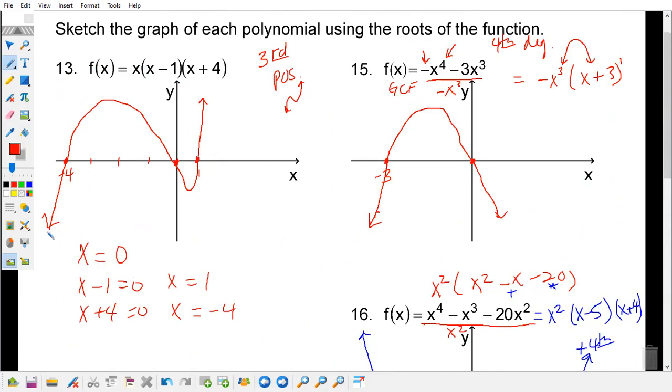So we have to start negative so we can end positive. We identified our x's. We had an x at 0, an x at 1, and an x at -4. All of them have a power of 1, which is an odd power. So I just got to go through each point and end how I'm supposed to end.